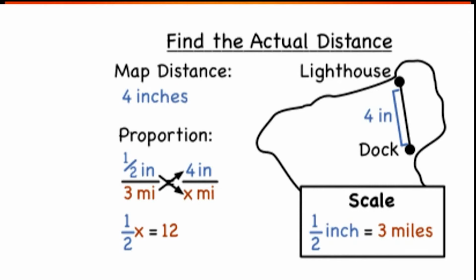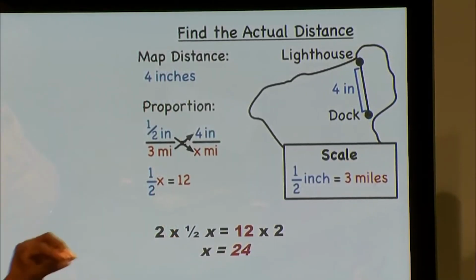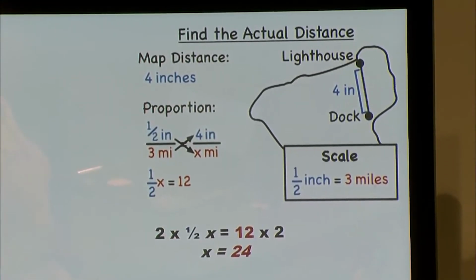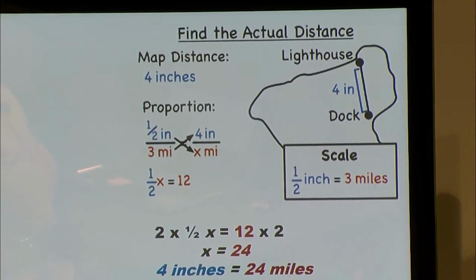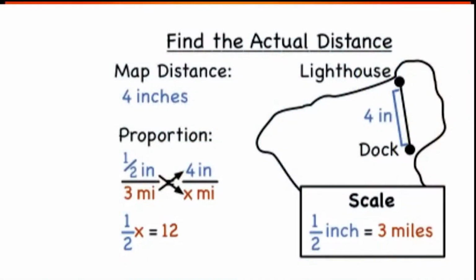To get x by itself, you multiply by 2, but you must do it to both sides of your equation. So we end up with x equal to 24. That means if you have 4 inches on the map, it actually represents 24 miles in actual distance.